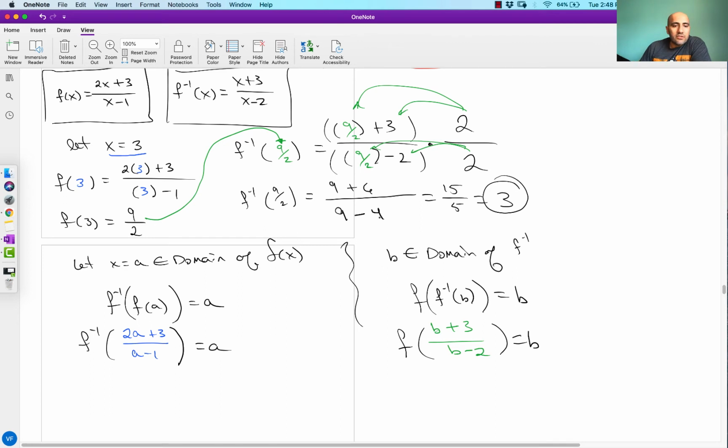So looking at the instructions for the inverse function, I want to plug in this whole thing into the inverse function. Here are the instructions. Whenever you give an input, I'm going to have a fraction where the numerator is the input plus 3, the denominator is the input minus 2.